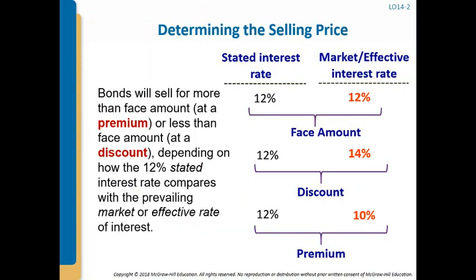Now understand the thing about bonds. A lot of times what you could have is a bond that is at a stated interest rate, but because of the lag in time between the printing of these bonds and their actual issuance, which may be 6 months later or something like that, maybe even longer, the market interest rates may have fluctuated.